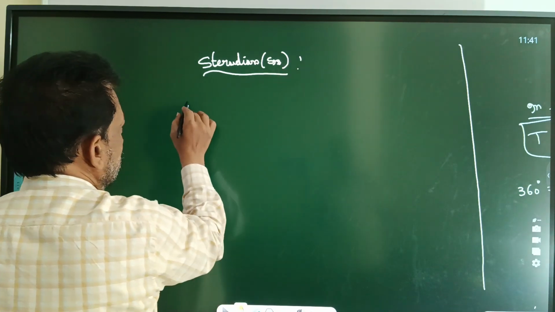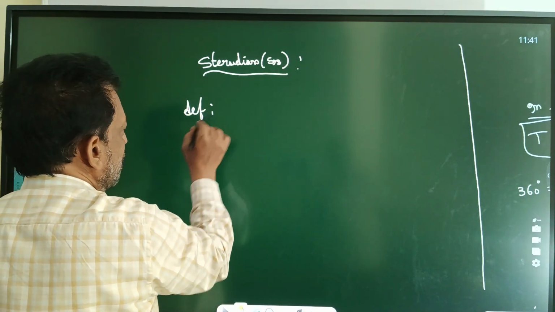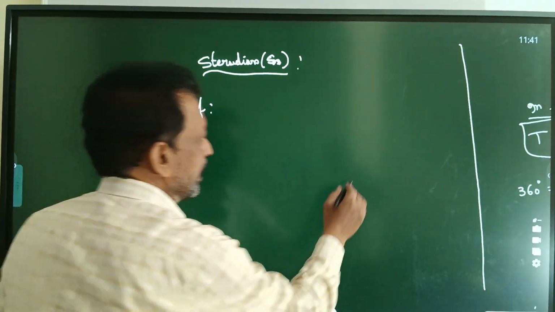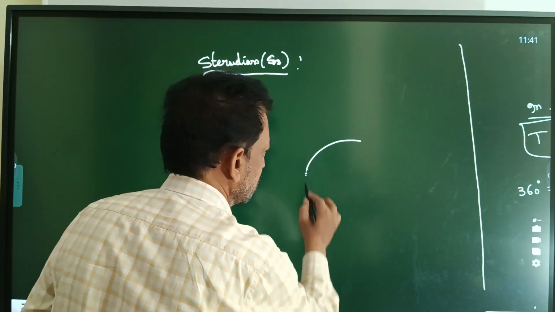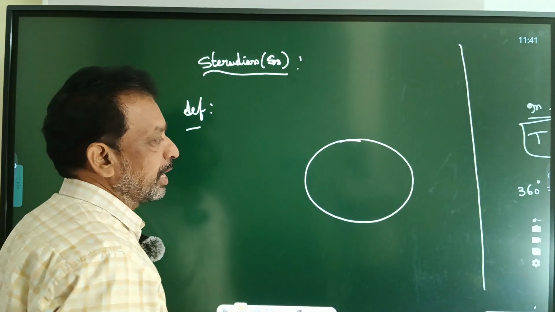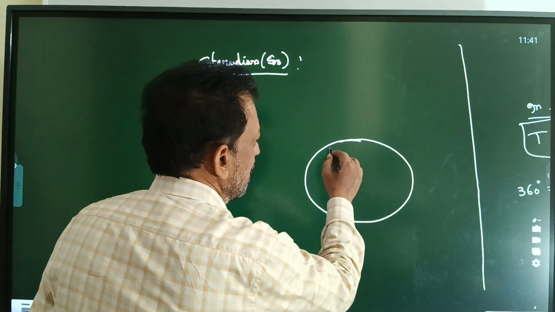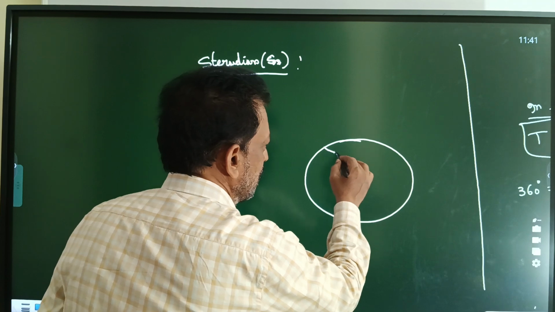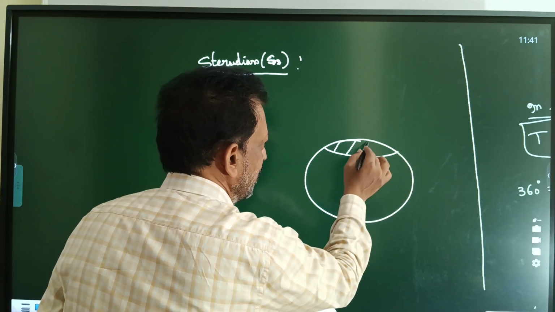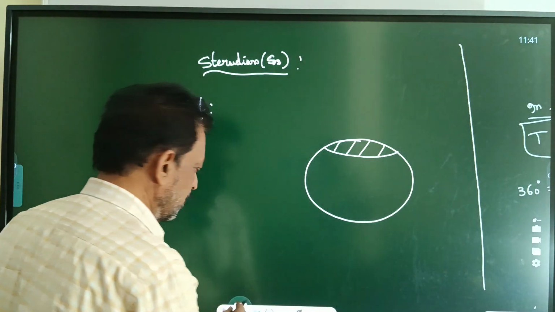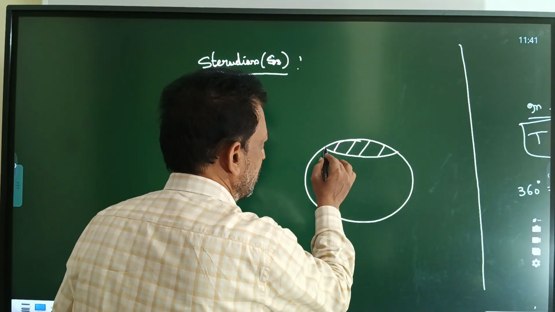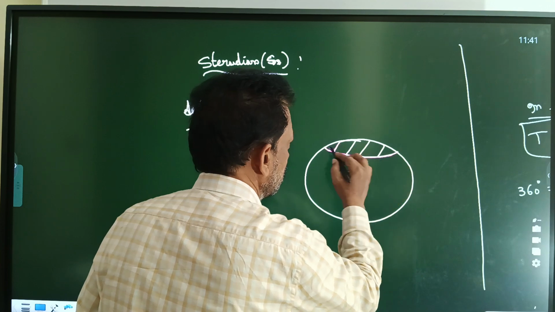Before writing the definition, I will try to show how the definition is derived. Take a solid sphere and cut out a piece equal to 1 square meter of area. Now I am removing this piece.